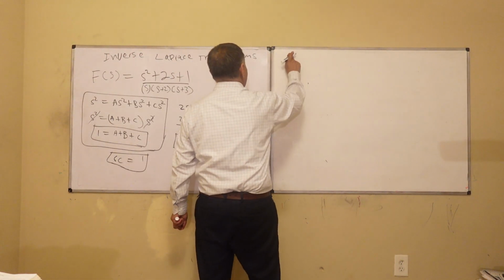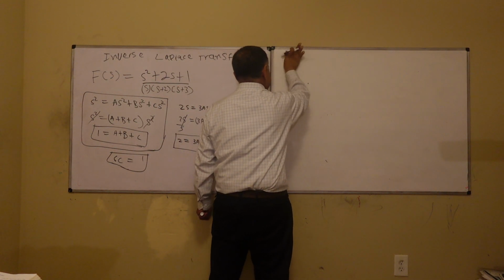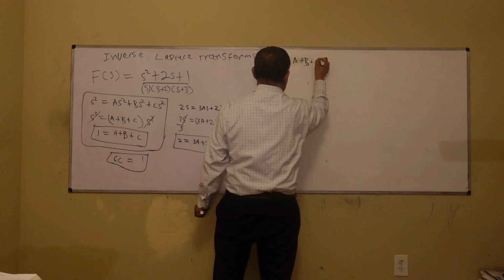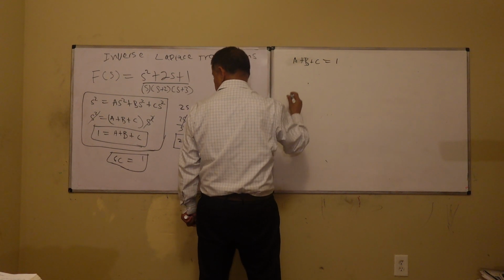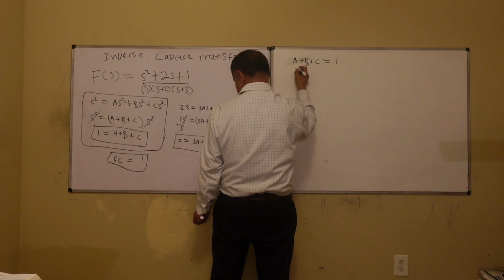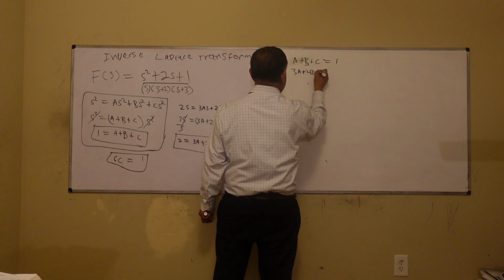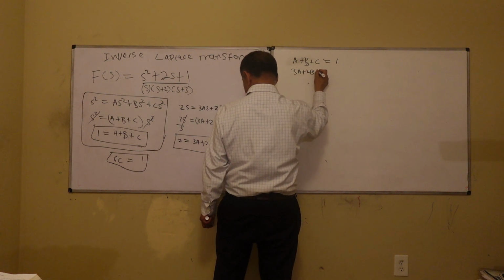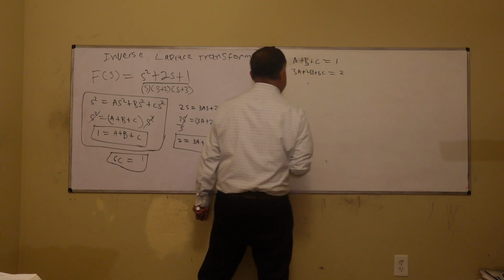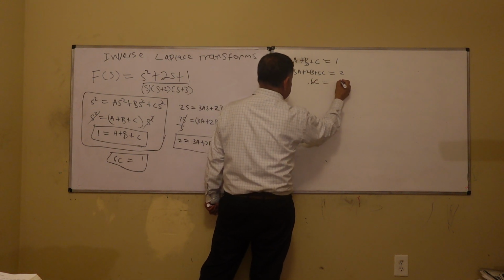Let me just write it the other way: A plus B plus C equals 1, and I have 3A plus 2B plus 5C equals 2. And then I got that 6C is equal to 1, right?